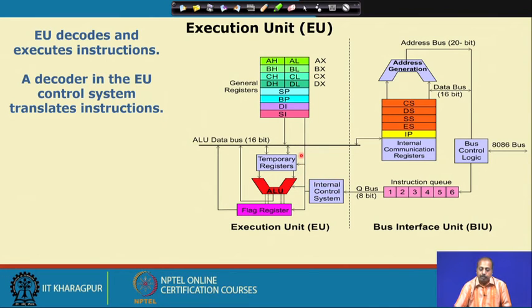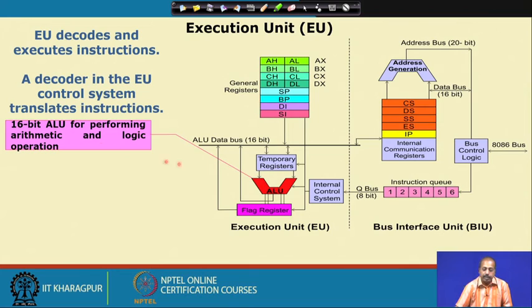It determines the control sequence, as we have seen in 8085 also, where signals are generated at different clock steps. It generates those internal signals for different clock cycles and accordingly activates the registers, the ALU and the bus, and that way performs the operations.